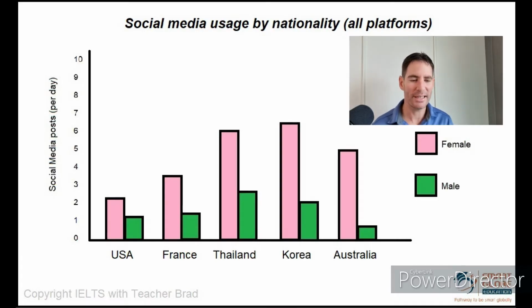The first thing you need to look at is the tense as always. In this example, there is no date. Because there is no date, we just have to use present simple tense for describing the data. If you see a date, for example, 2010, instantly when you are describing the data, you must be using past tense.